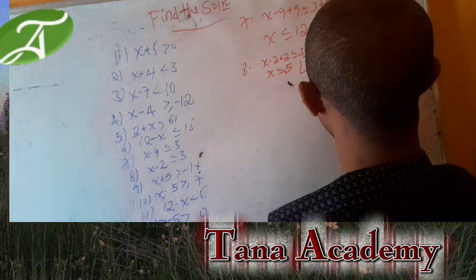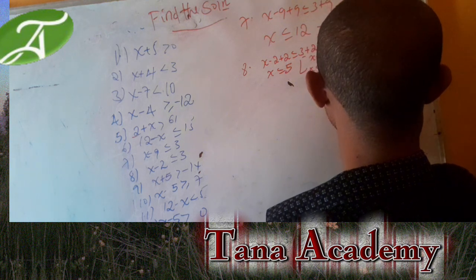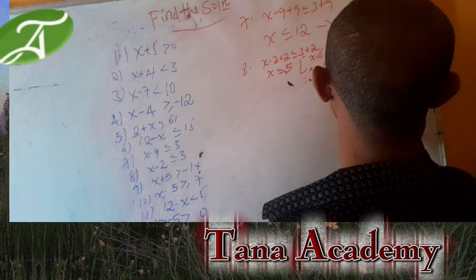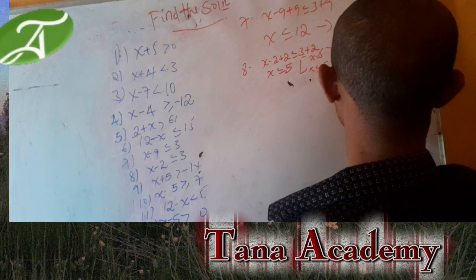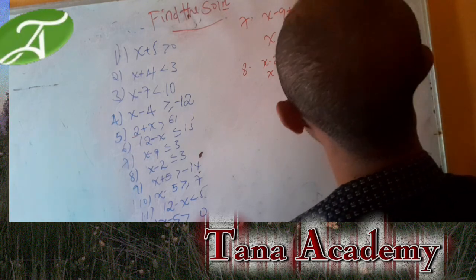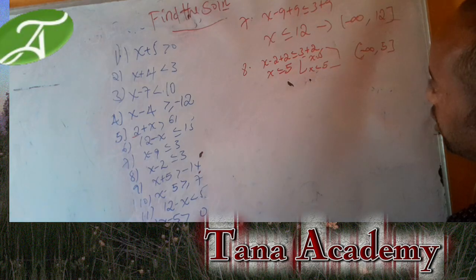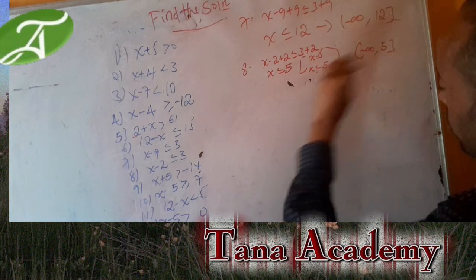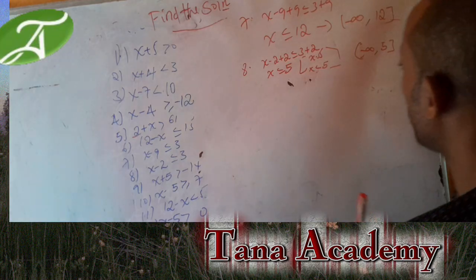In interval form, it is open interval negative infinity, comma 5. When you insert any number between minus infinity and 5, including 5, the answer will be true.